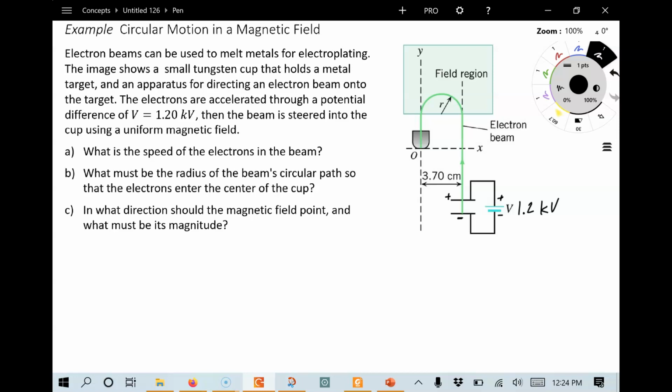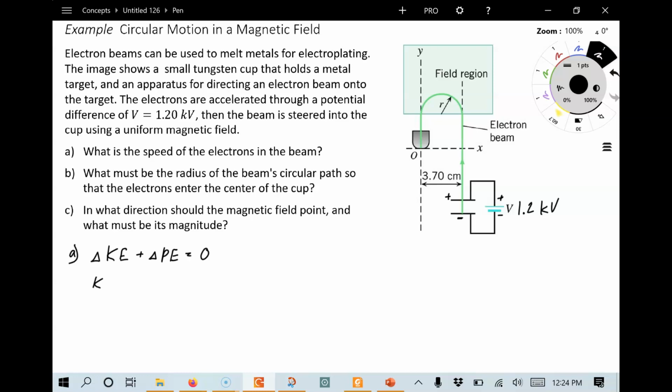Well, to do part A, we're going to have to figure out what is the speed of the electrons. Let's start with conservation of mechanical energy. We assume that there's no air resistance or drag here, so the change in the kinetic energy of the electrons plus the change in the potential energy of the electrons equals 0.